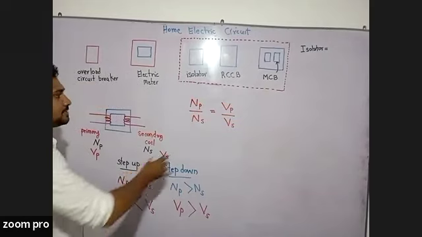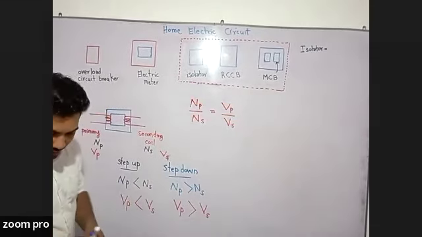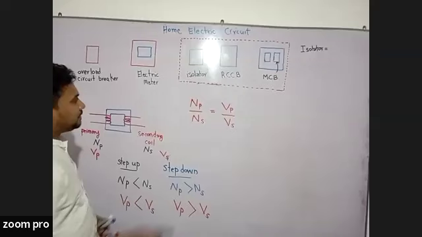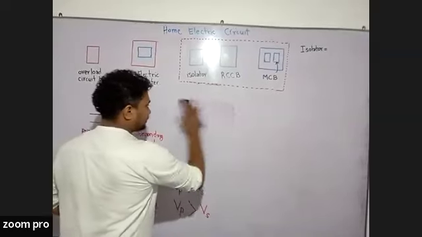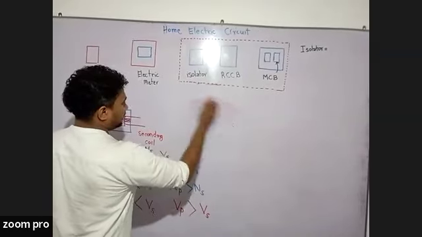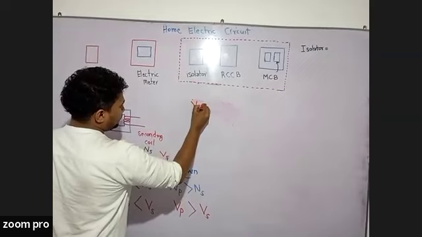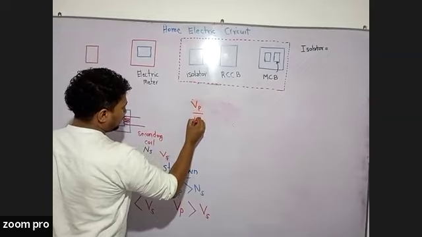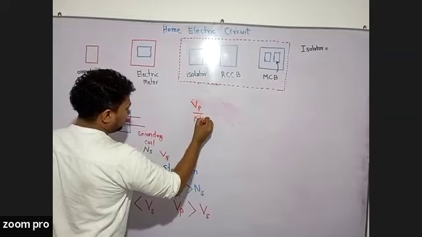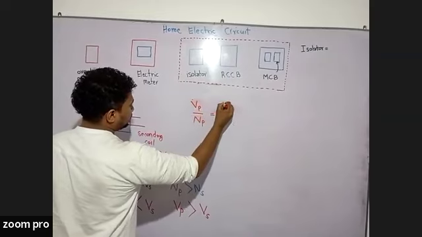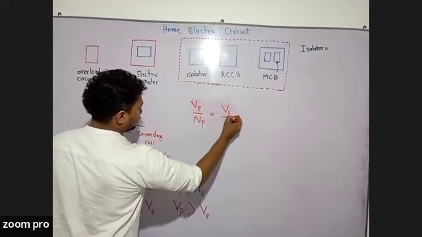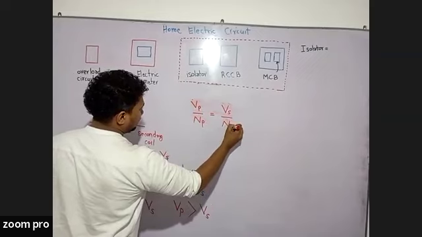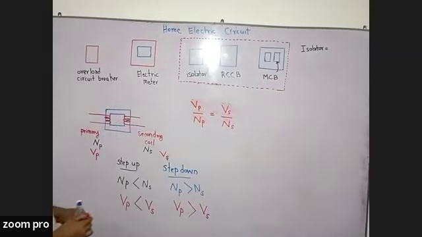It can be written in a different way. For example, this can be written as VP over NP equal to VS over NS, right?